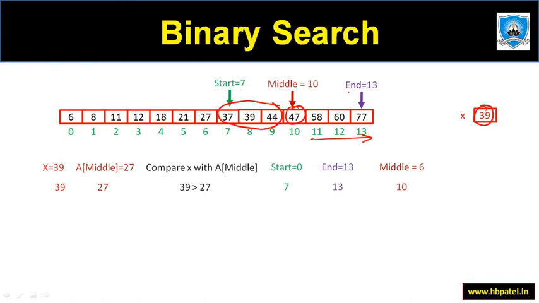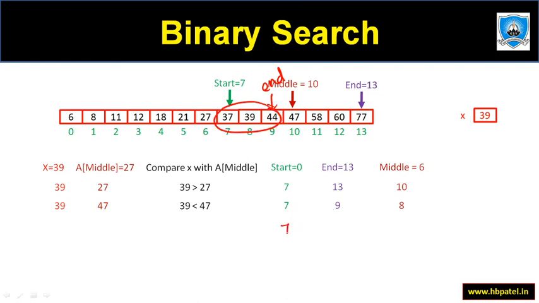All right, so in this case, what will we be moving? We will be moving our end position, and end position will be middle minus 1. So now look at this. Start is the same, but end is middle minus 1. So this is my new end. Now I'll be restricting my search in this array only, between 7 to 9.